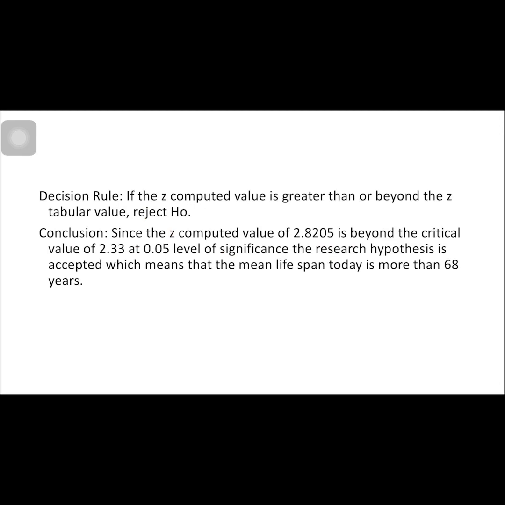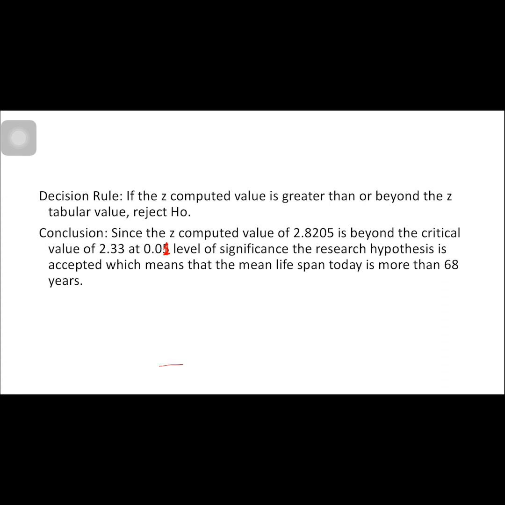For our decision rule, if the z computed value is greater than or beyond the z tabular value, reject the null hypothesis. For our conclusion, since the z computed value of 2.8205 or 2.82 is beyond the critical value of 2.33 at 0.01 level of significance, the research hypothesis is accepted, which means that the mean lifespan today is more than 68 years.